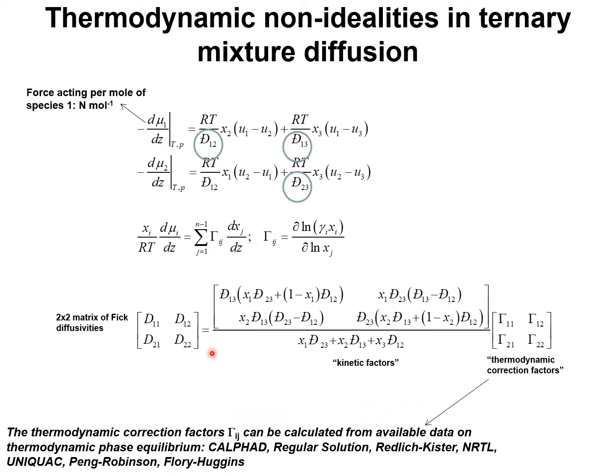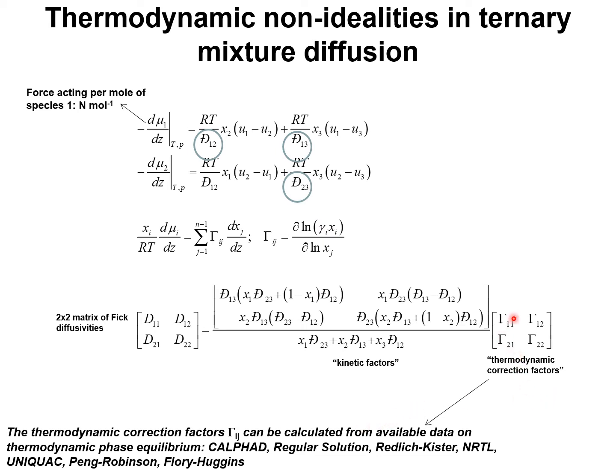The Maxwell-Stefan approach for diffusion in ideal gas mixtures can be extended to non-ideal systems by introducing thermodynamic correction factors that involve the activity coefficients.